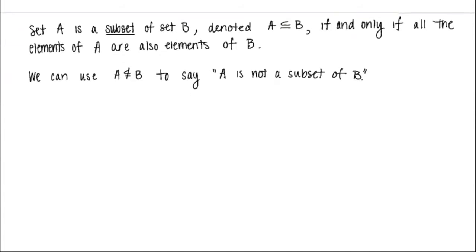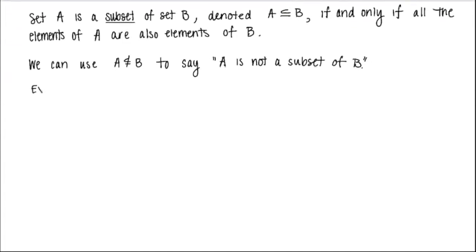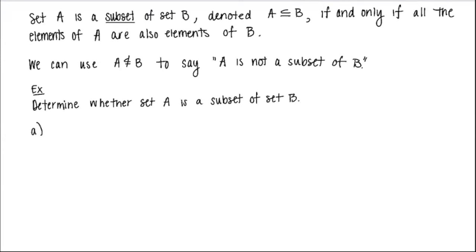Okay. So let's try a few examples. We want to determine whether set A is a subset of set B. And so our first one we're going to work with, set A contains the elements dog and cat.